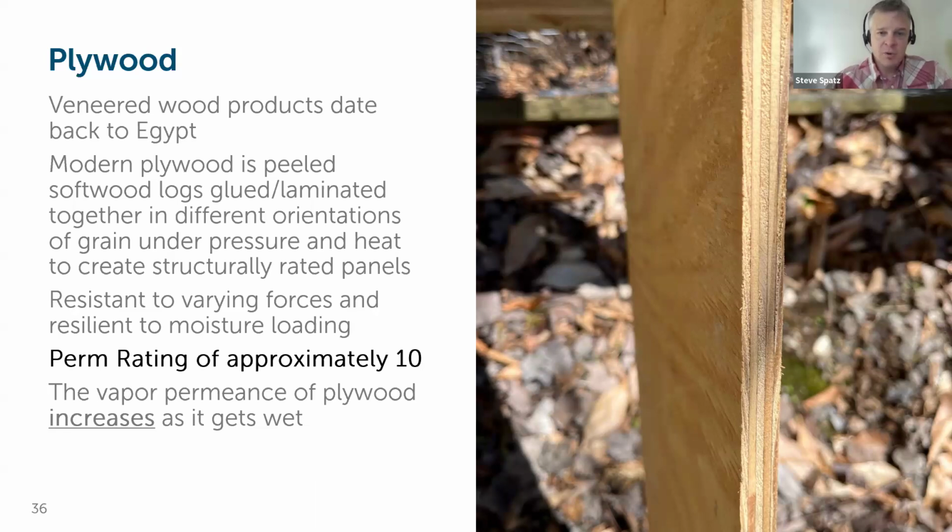So because more of the carrying capacity of the wood is retained, more of the structure of the wood is retained, we have a higher perm rating material, so more highly vapor open as far as a structural sheathing product goes. So plywood CDX typically has a perm rating of about 10.